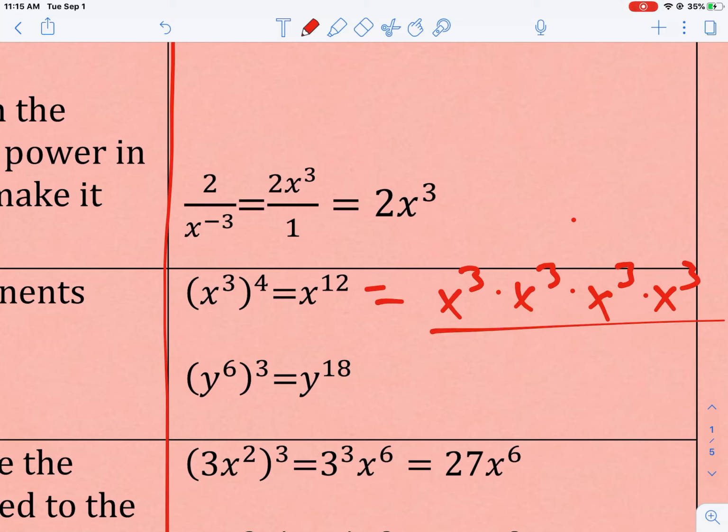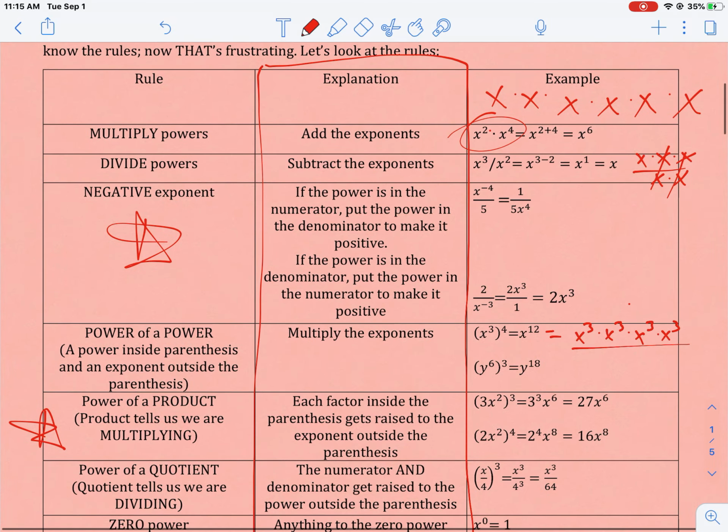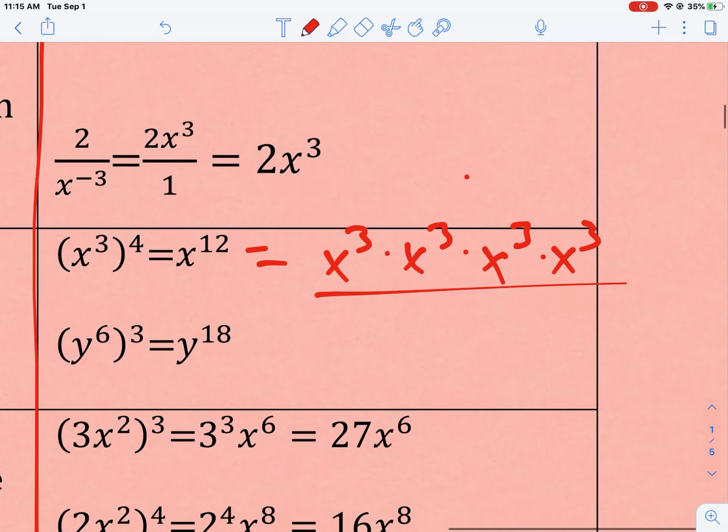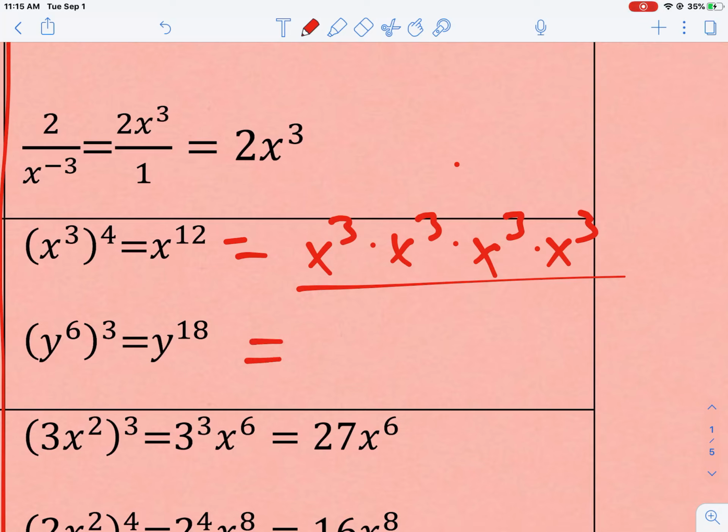That's 4 x to the thirds. It doesn't make it 4 x cubed. But now we go back to rule number 1 and add the exponents to make it x to the 12th. Same thing here, y to the 18th. It's really y to the 6 times y to the 6 times y to the 6. Add the exponents and we get y to the 18th.